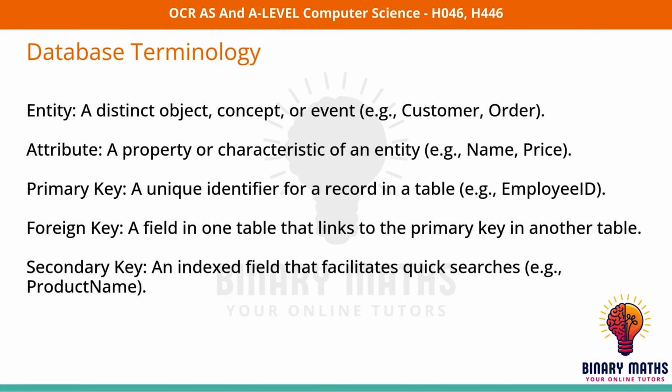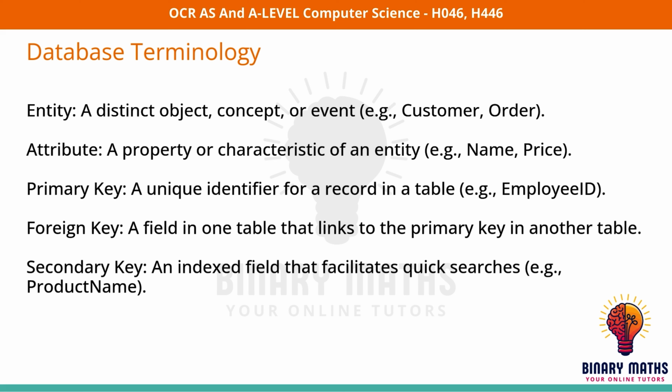Before we can go any further, let's make sure we're all on the same page with some key database terms. These are the building blocks of any database, so it's important to understand them. First, we have entities. An entity is a distinct object, concept, or event that we want to store data about.